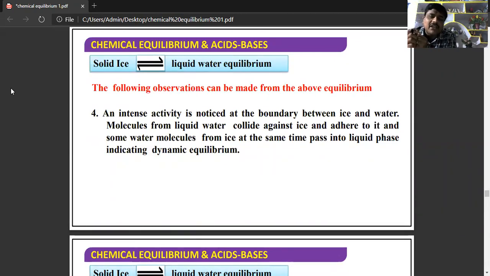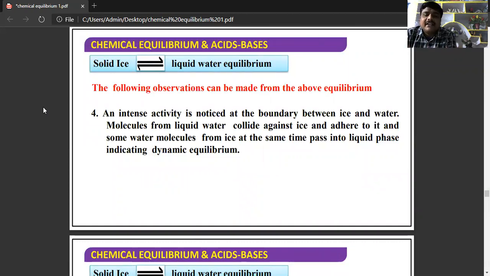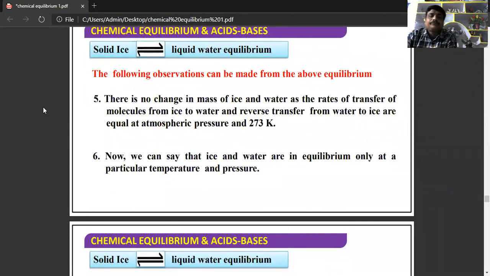So molecules that are present in the liquid water collide against ice and adhere. Adhere means stick to it, and some water molecules from ice at the same time pass into liquid phase, indicating the dynamic equilibrium.